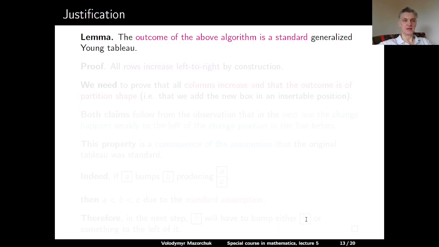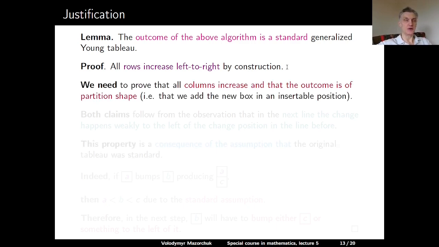Justification: we claim that the outcome of the above algorithm is a standard generalized Young tableau. Proof: all rows increase left to right by construction. If you look at the bumping algorithm for the row, we start from an increasing row and we either add a biggest element at the end, still increasing, or we replace something in the row, but it's still increasing. So the bumping algorithm works well with rows.